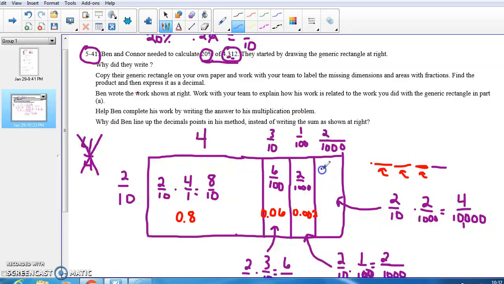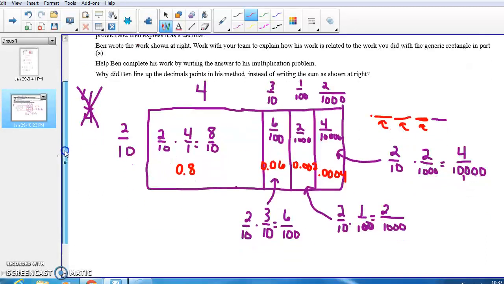So I'm going to write 4 10,000ths, and that would be 0.0004. Okay, we have one last thing to do.